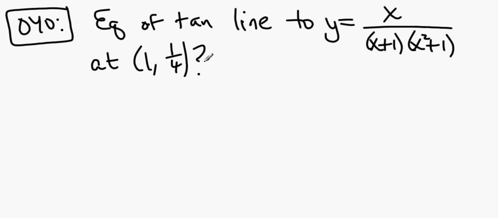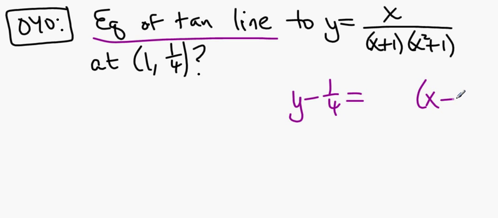I know how to find the equation of a tangent line. It's y minus y1 equals the slope times x minus x1. And then how do we find the slope? Well, that's easy. That's quotient rule, but careful. That's a quotient, but that's a product. So take a moment, do the quotient rule, pause in the middle of the quotient rule song for the product rule song, and we'll see what we get.